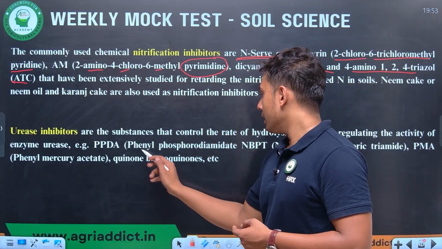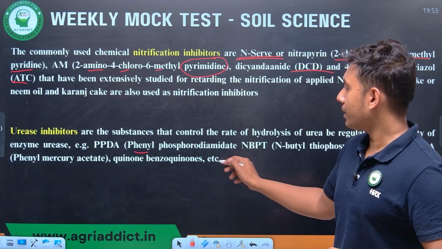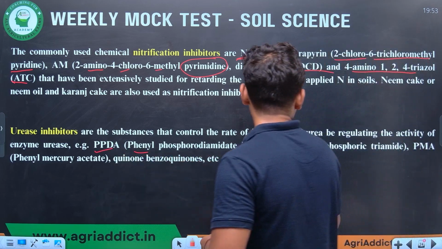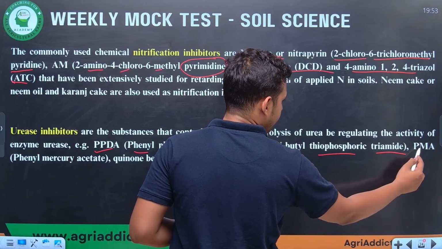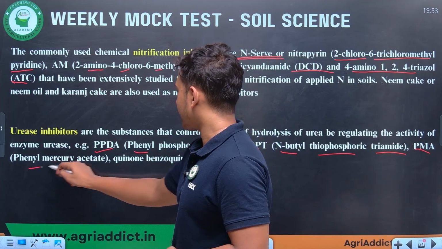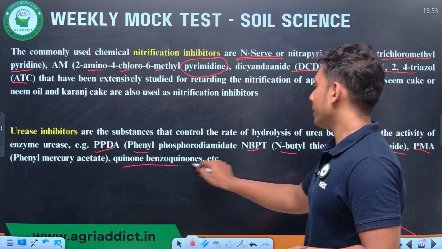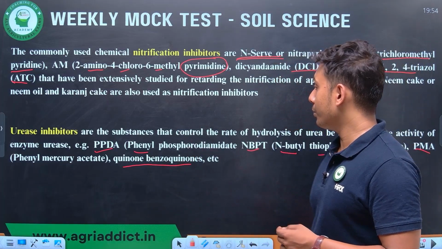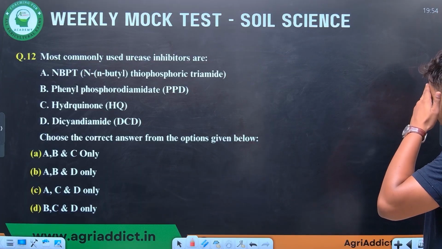Urease inhibitors are phenyl phosphorodiamidate, PPDA. Then NBPT, N-butyl thiophosphoric triamide, and PMA, that is phenyl mercuric acetate. Then quinone, benzoquinones. These are also examples of urease inhibitors. Now see the options.